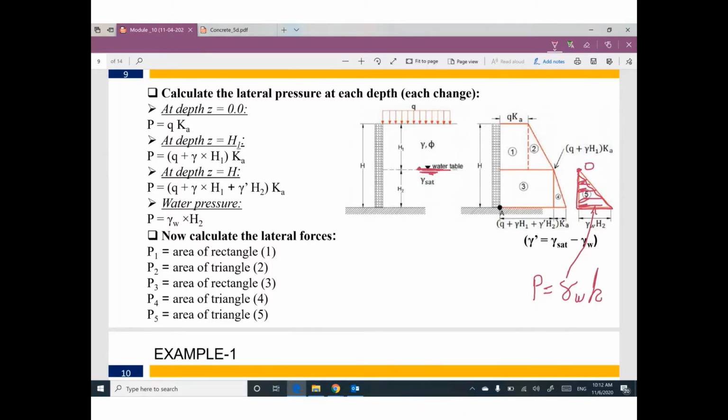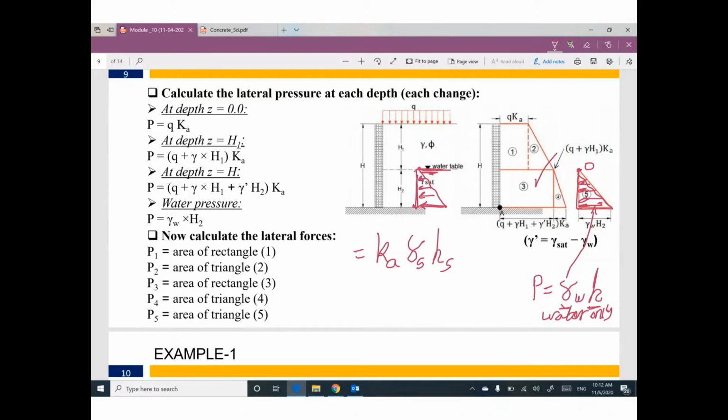At the end, we have H for water. If you multiply this H times gamma water, I can construct this triangle. I'm talking about the pressure coming from water only. So we still need to draw the pressure due to the effect of soil, which is gamma soil H times K active.